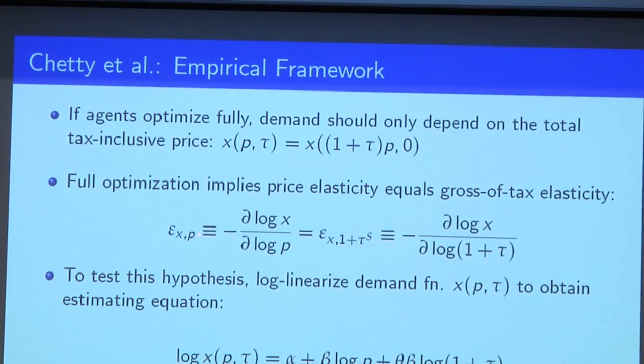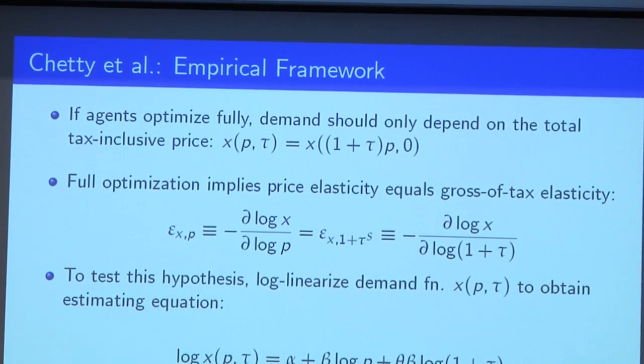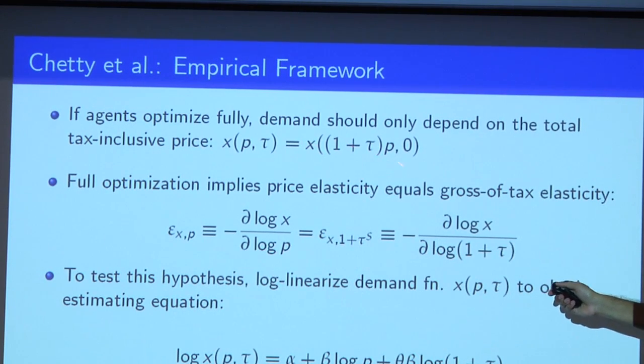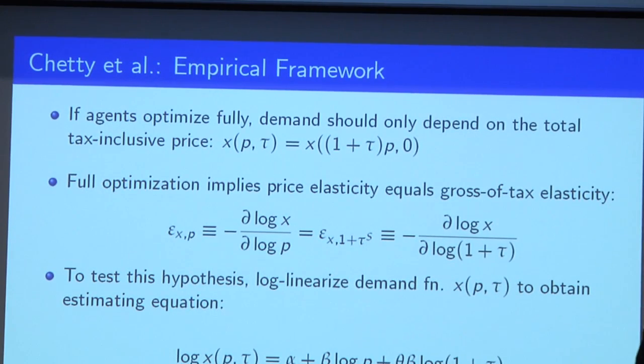If I define the price elasticity as d log x d log p as before, and I define what I call the gross-of-tax elasticity with this ad valorem tax as d log x d log 1 plus tau, because they enter as a product, both of those elasticities should be the same, right? So if I increase the price by 10% or I increase 1 plus tau by 10%, it has the same net effect on P times 1 plus tau, so I should see exactly the same impact on demand.